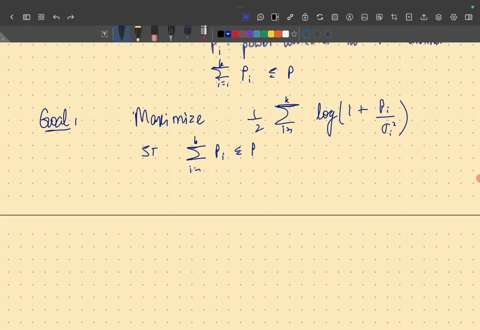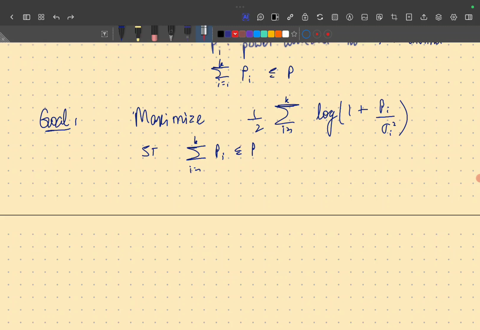The Pi's. So it's a vector of length k, right? I have k variables, P1, P2, P3 up to Pk. My objective function is this particular quantity over here. And what are the constraints? Correct.